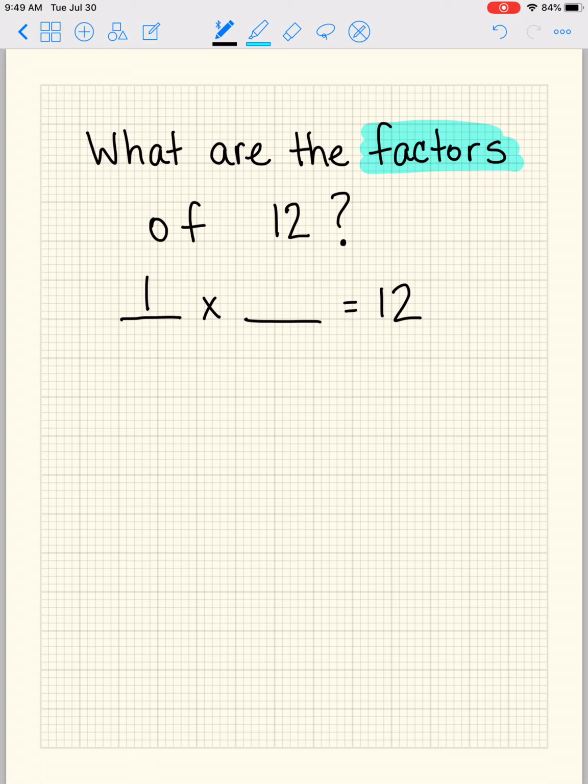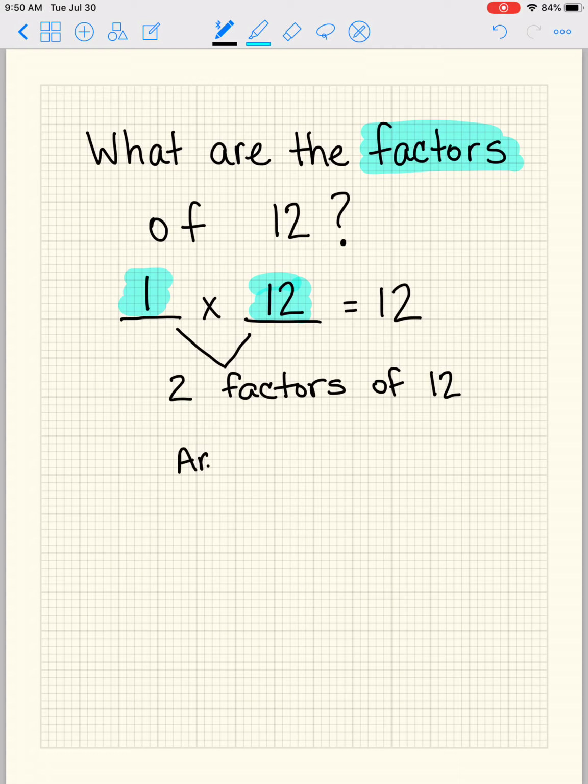So we can multiply 1 times 12, and we know that that equals 12. So 1 is a factor, and 12 is a factor. So here we have 2 factors of 12. But the question is, are there more?